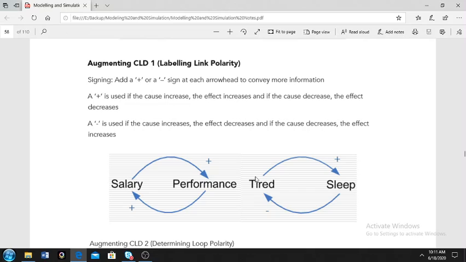You are moving from more to more, or from less to less. Now, minus means that the direction has changed. So you are moving from less to more, or from more to less.